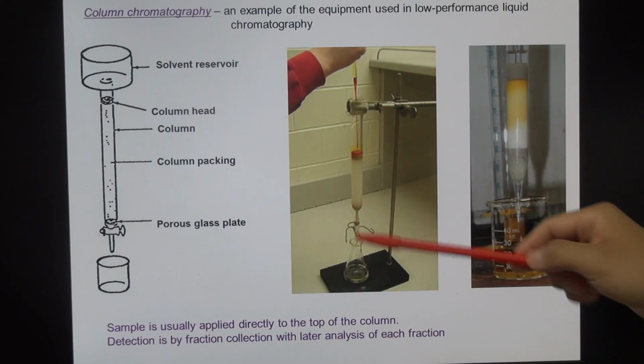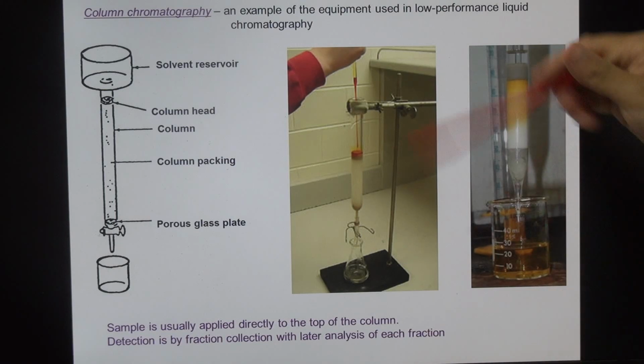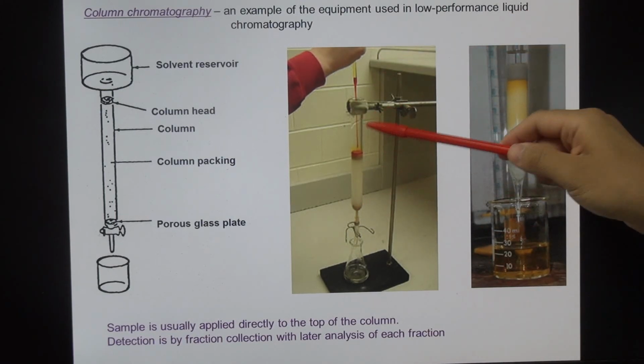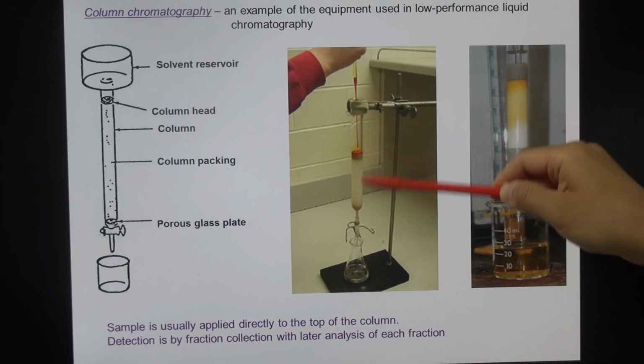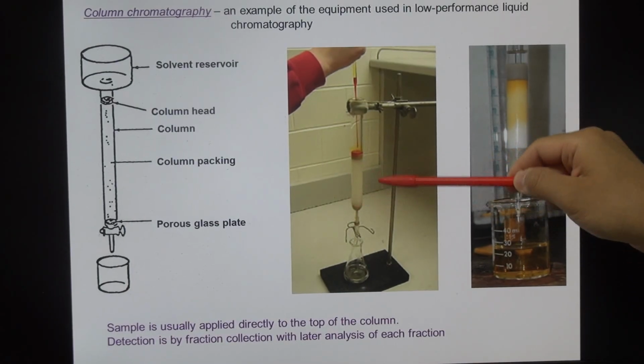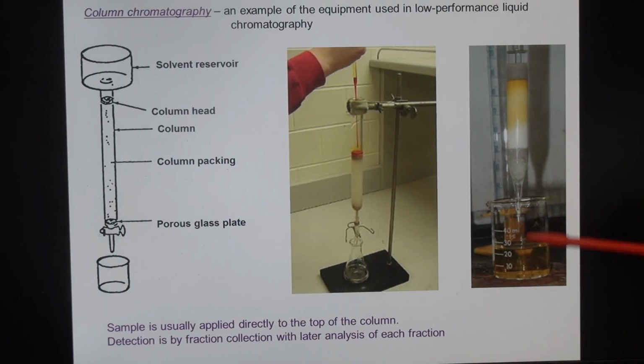And usually by just using gravity or by adding external pressure to the top of this column, we can elute the mixture, and by different degrees of retention on these packing materials, we can separate these materials. It's a very common technique that we can do in the lab.